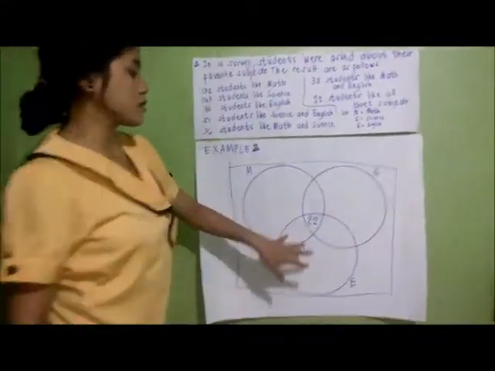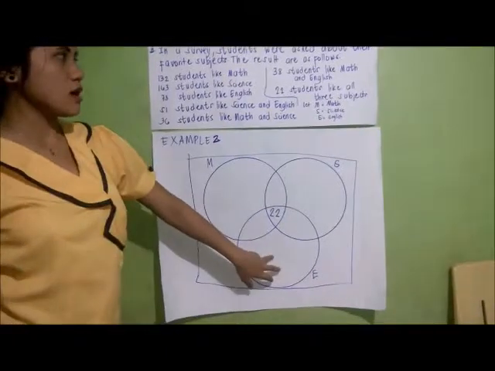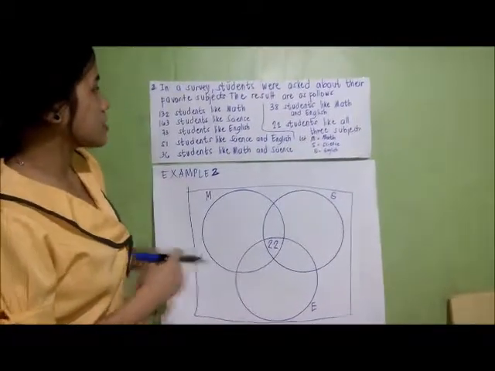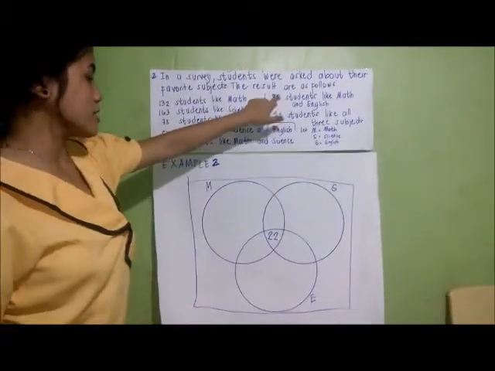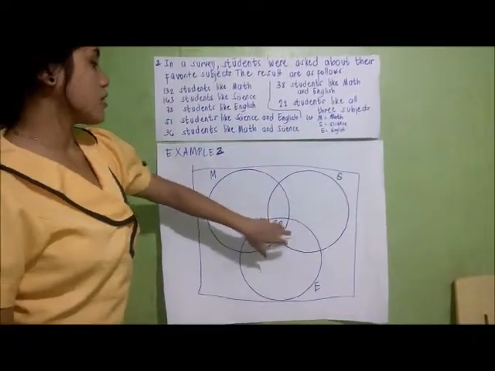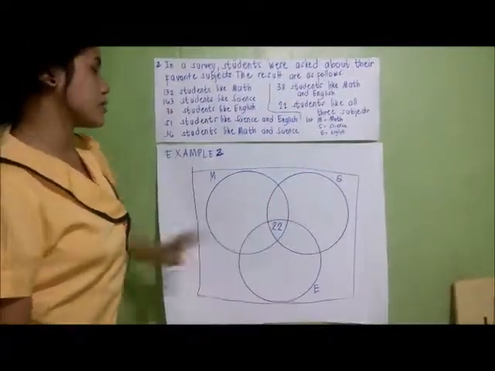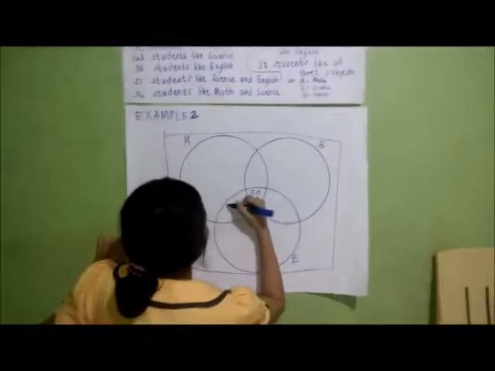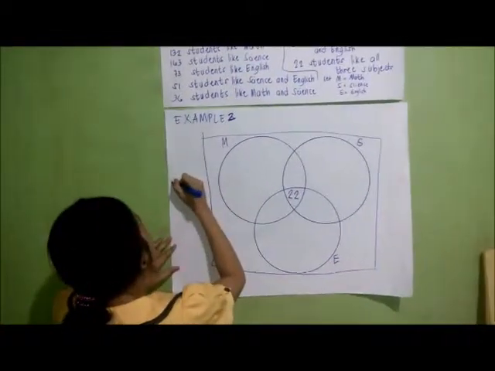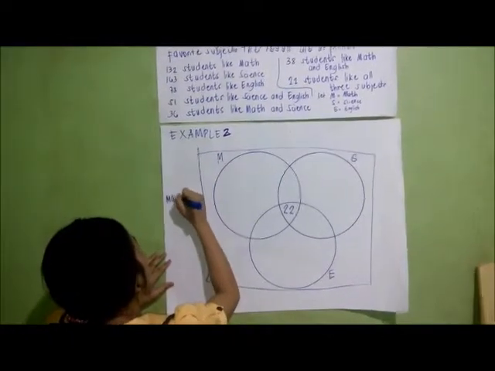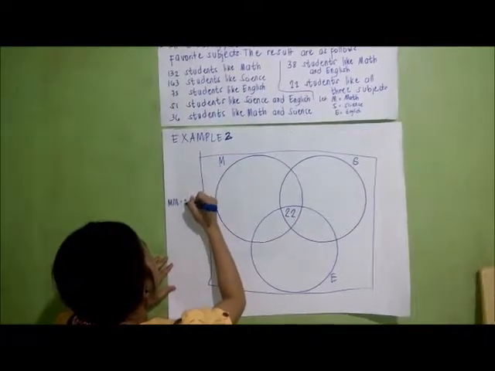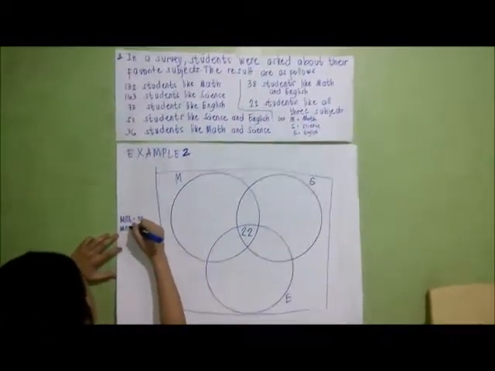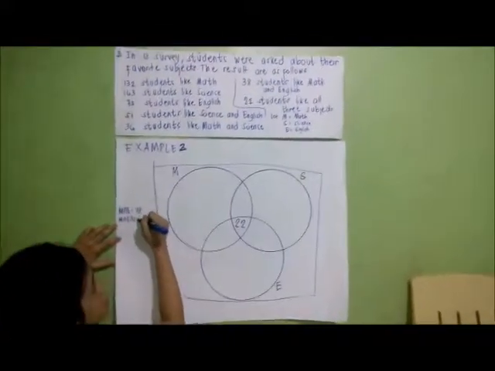Step 5, apply the principle. In order to get the intersection of set M and set E only, we should subtract the overall intersection of the 3 subjects from the given intersection of M and E. The given intersection of M and E is 38, and the intersection of the 3 subjects is 22.